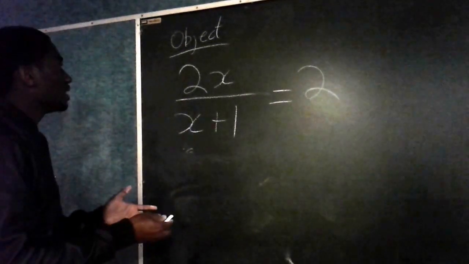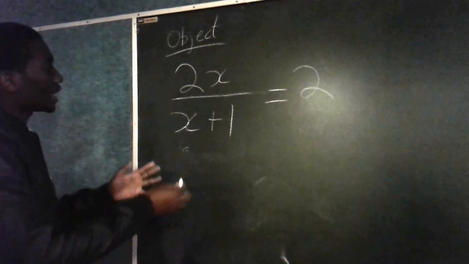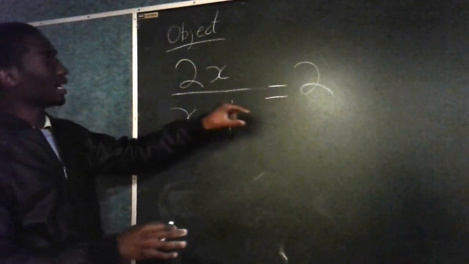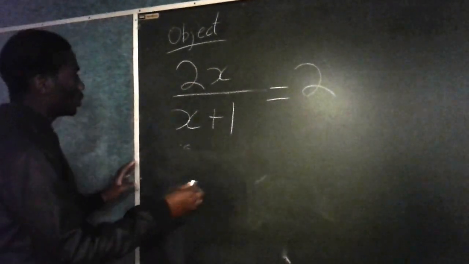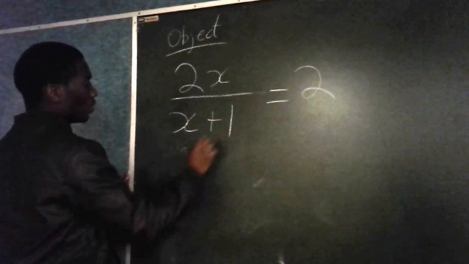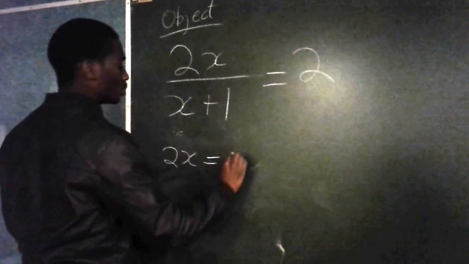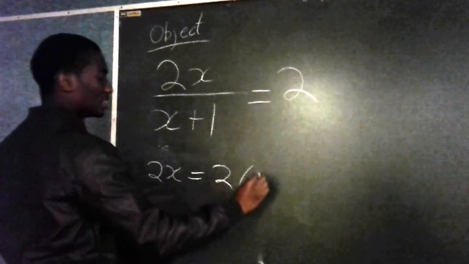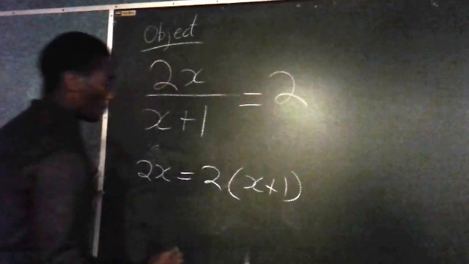The simple way for us to find what x is, is to try to manipulate the denominator, take it to that side, and then also try to get x alone. How do we do that? First of all, it's going to be 2x equals 2, and with the brackets, because we're going to take this to that side, it's going to be x plus 1.